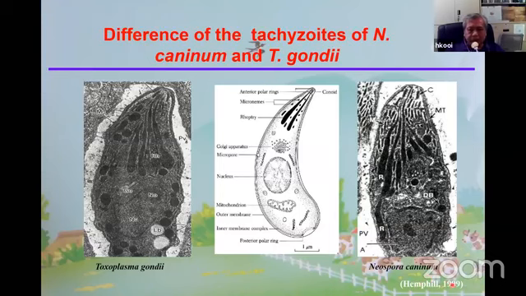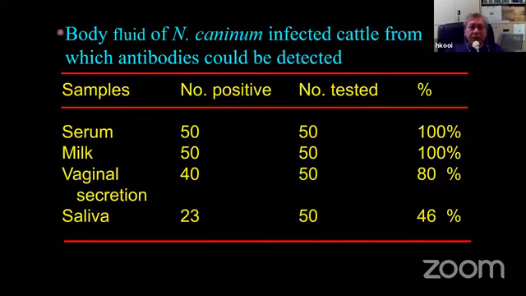The next thing I want to say is that when you do testing for antibodies, for this testing we took milk, serum, vaginal secretion, and saliva. We know that all these are positive animals. For the 50 tested, all 50 were positive, 100%.